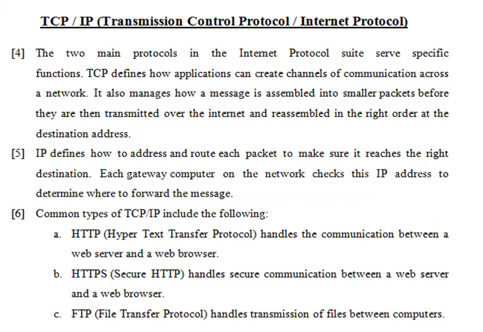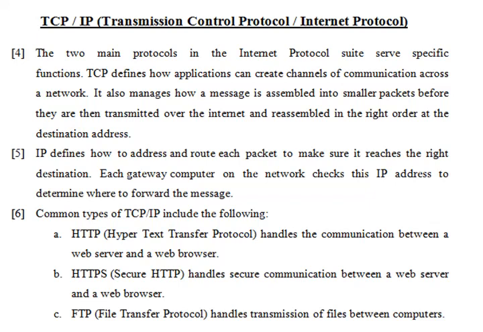And the sixth one says in the TCP/IP protocol suite there are three protocols apart from TCP and IP. The first one is HTTP, Hypertext Transfer Protocol, which is used for general internet surfing. The second one is HTTPS, Hypertext Transfer Protocol Secure, which is used for secure communication.